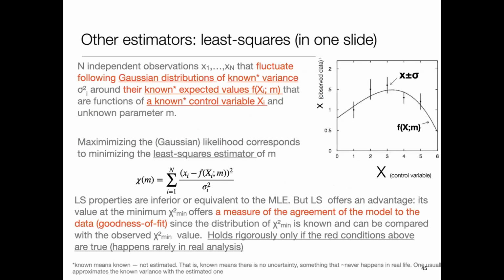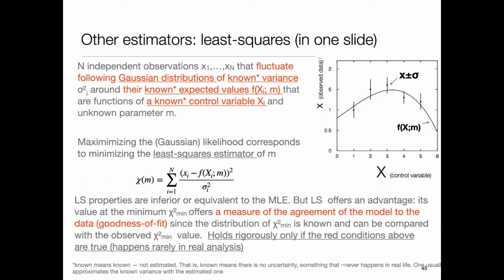Of course, there are other estimators. Not everybody uses maximum likelihood, and perhaps the most notable is the least squares estimator, which is derivable from the maximum likelihood estimator in Gaussian problems.